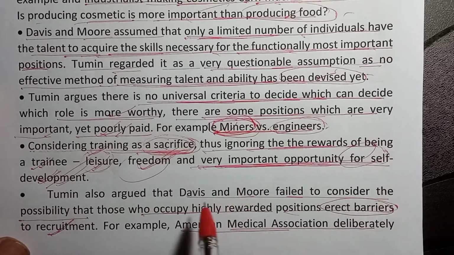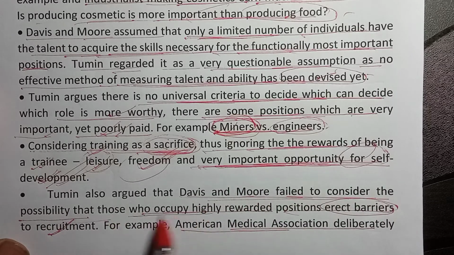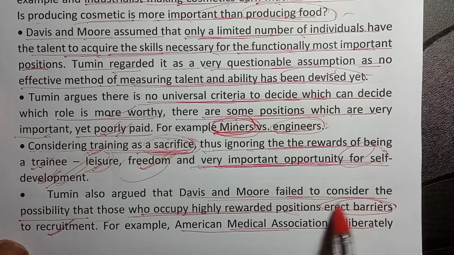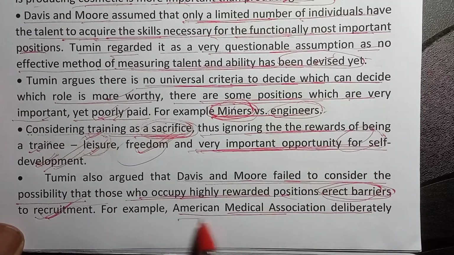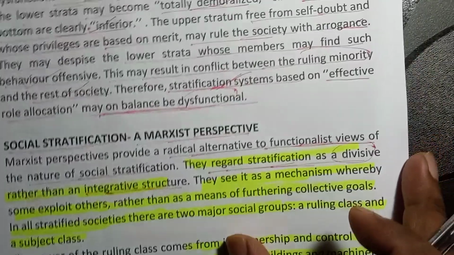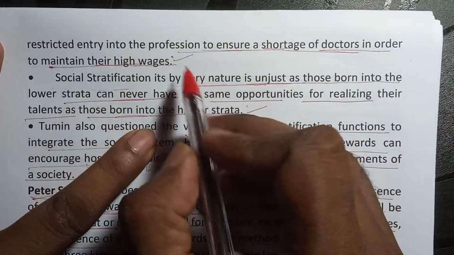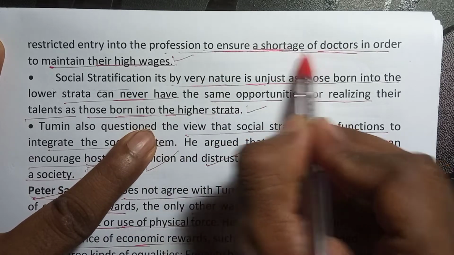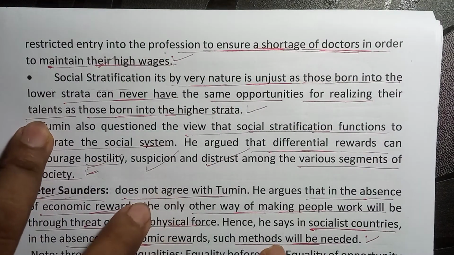Tumin also argued that Davis and Murray failed to consider the possibility that those who occupy highly rewarded positions erect barriers for others. For example, the American Medical Association deliberately restricts entry into the profession to ensure a shortage of doctors in order to maintain their high wages.